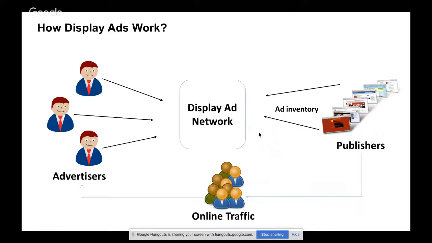The Google Display Network is by far the world's biggest ad network. The key function of the ad network is aggregation of space supply from publishers and matching it with the advertiser's demand, so that when a consumer visits the publisher's website, the traffic can be driven to the advertiser's website.